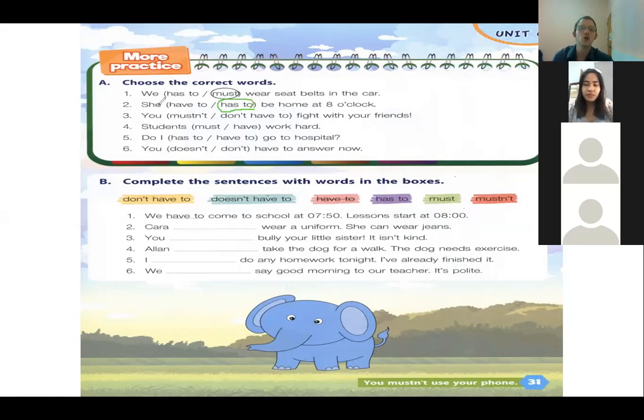Number 3, you must not, don't have to fight with your friends. You mustn't or don't have to fight with your friends. What do we think? Must not or do not have to?